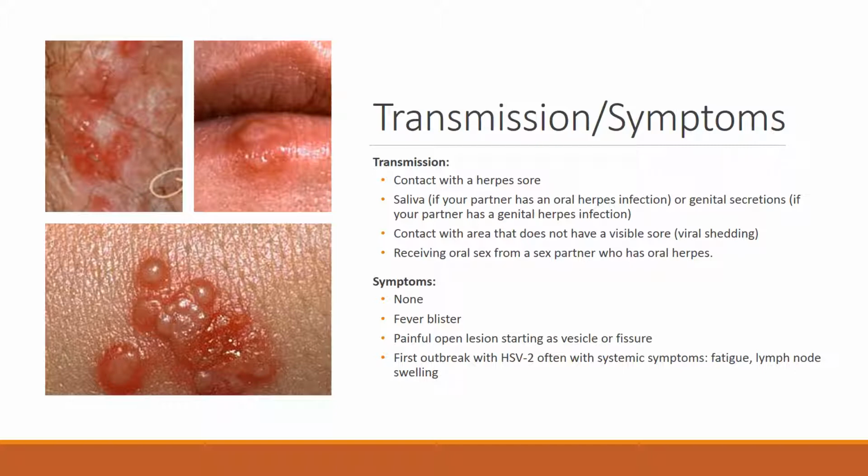And as I mentioned, herpes type 2 will often have systemic symptoms, so fatigue and lymph node swelling, especially with that initial outbreak. Repeat outbreaks afterwards, not so much. But everybody says, boy, they are painful.